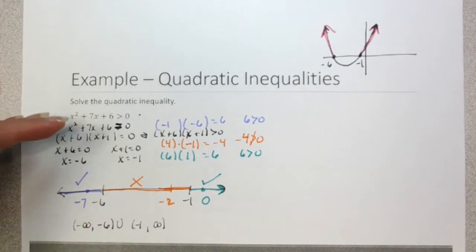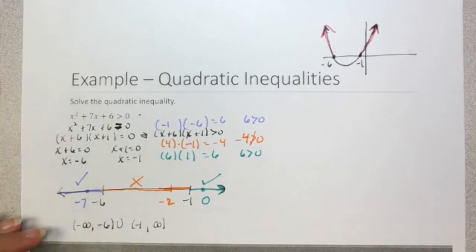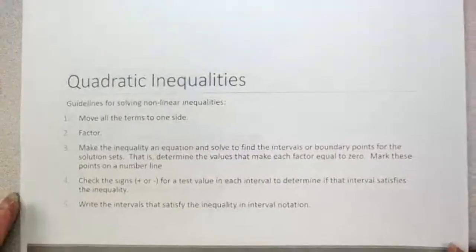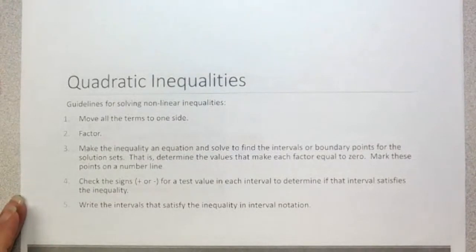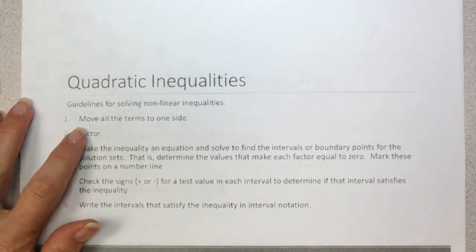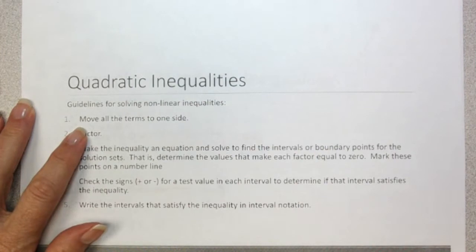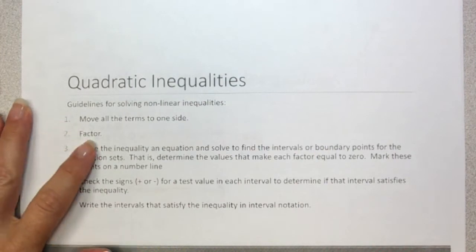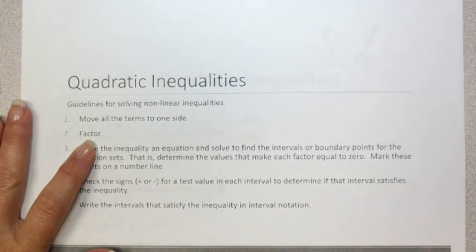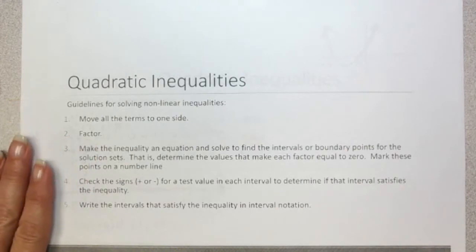Okay, so there was a procedure that I actually followed here, and I have that summarized for you. Here's a summary of the procedure that you can use to solve a quadratic inequality. If the inequality isn't in standard form, you'll want to move all the terms to one side. Then go ahead and factor it if you can. If you can't factor it, you'll have to use the quadratic formula.